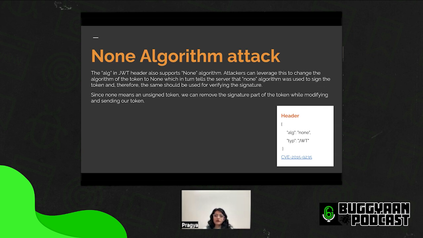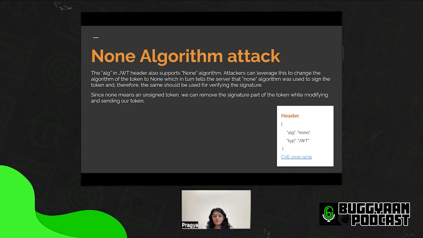Okay, let's start with the attacks. So first attack, I think many of you may know about this already. It's the none algorithm attack. So we saw that the header part contains the algorithm, which tells the server that this algorithm should be used for verifying this token.